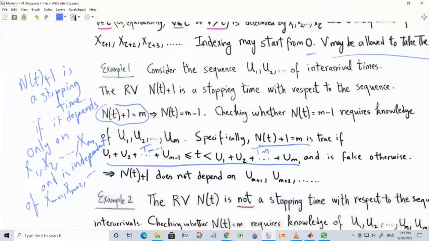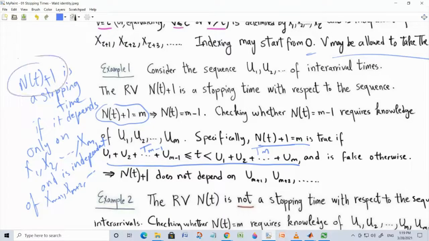You can know whether it's true or false completely, without any uncertainty, by knowing the inter-arrival times u1, u2 up to um. You don't need um plus 1 or um plus 2 or anything. Give me u1, u2 up to um, and I can tell you exactly whether n of t is equal to m minus 1 or not.